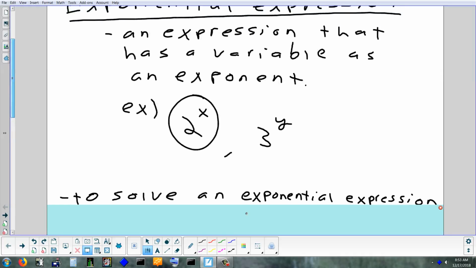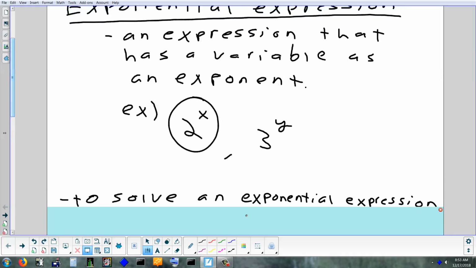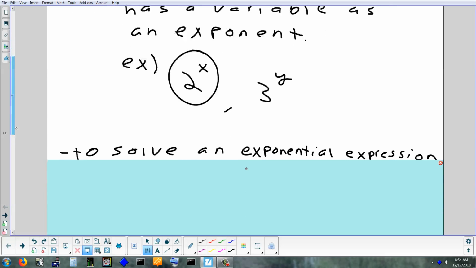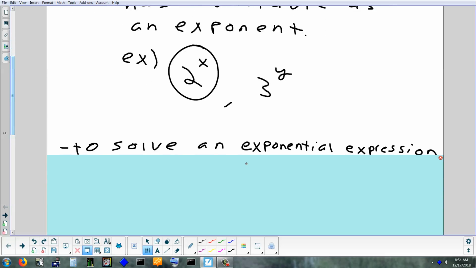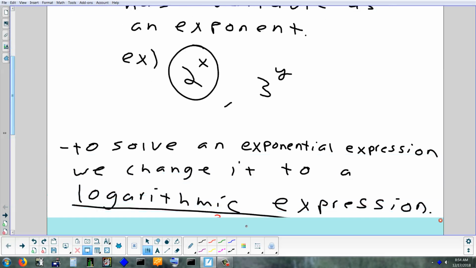We can't get rid of the variable, but we can move it somewhere else, so that it's not an exponent, which makes it easier to deal with. The way we move it is we change from an exponential expression to a logarithmic expression.